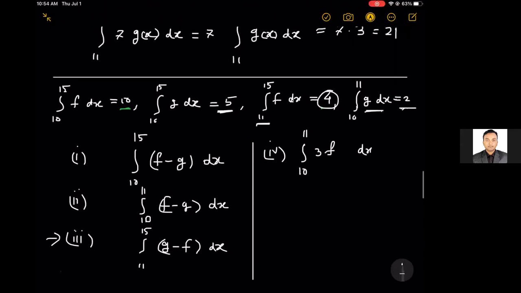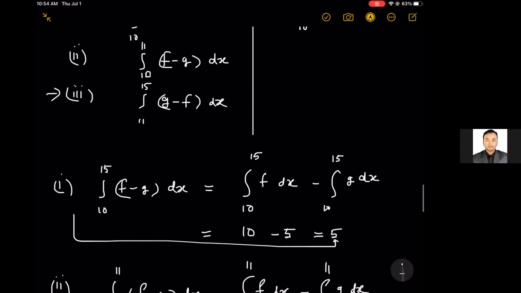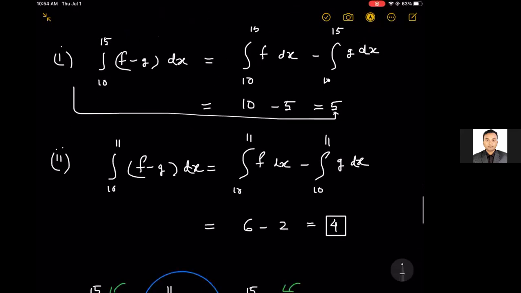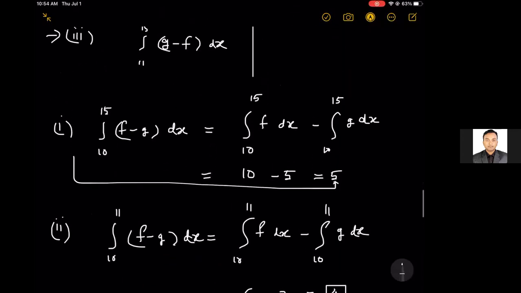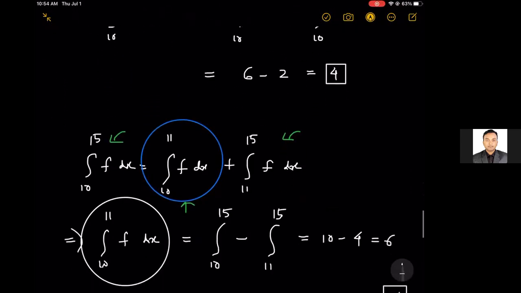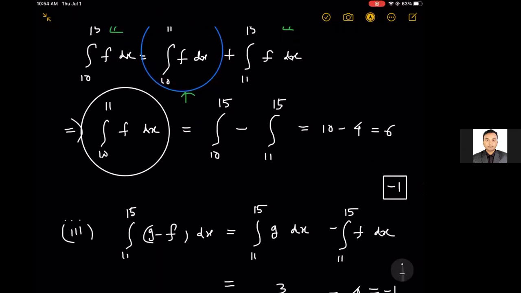From 10 to 11, I think we have found the value for f. What's that? Yeah, the 10 to 11 for the first function gave us 6, right?